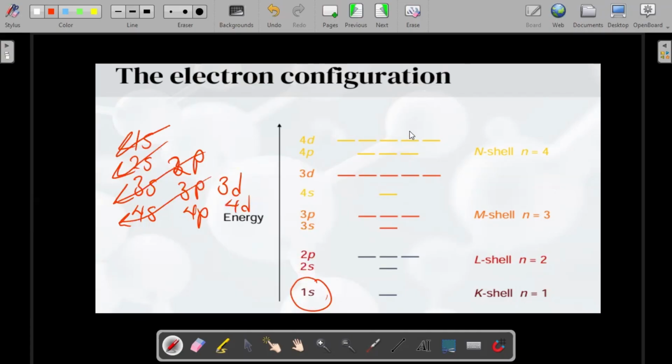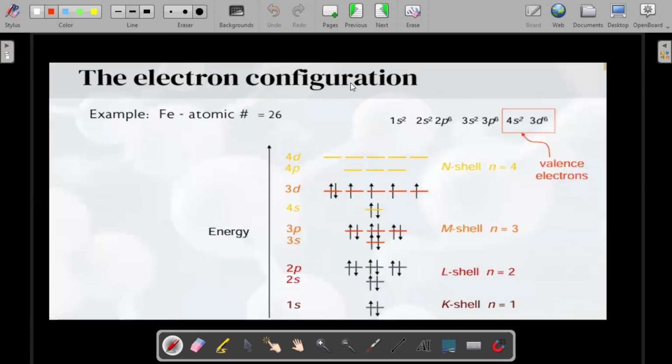For example, here we have been given Fe with atomic number of 26. So how are we supposed to put the electrons? Since our atomic number is 26, and we know that for a normal atom, the number of electrons is equal to the proton number.